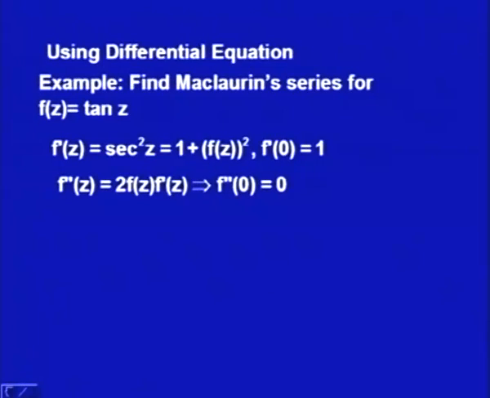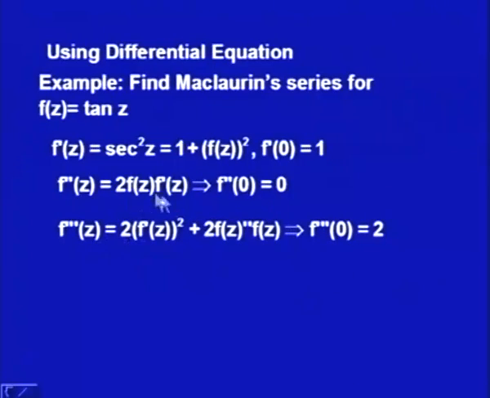Now, differentiating this again, we have f''(z) equal to 2 times f(z) into f'(z), and since f'(0) is 1 and f(0) is 0, f''(0) is 0.